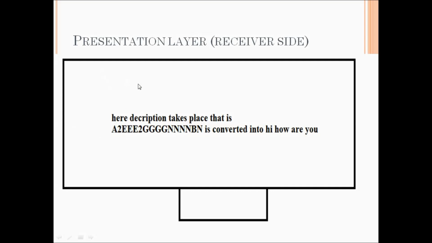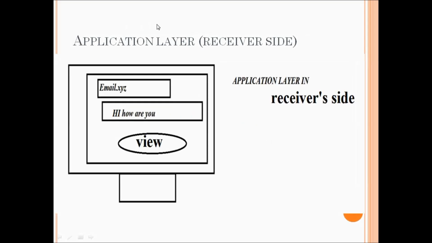Now in the presentation layer it will be converted into user readable format. So this encrypted data is converted into the original format, hi, how are you. Lastly, in the application layer on the receiver side, my friend can see the hi, how are you message.